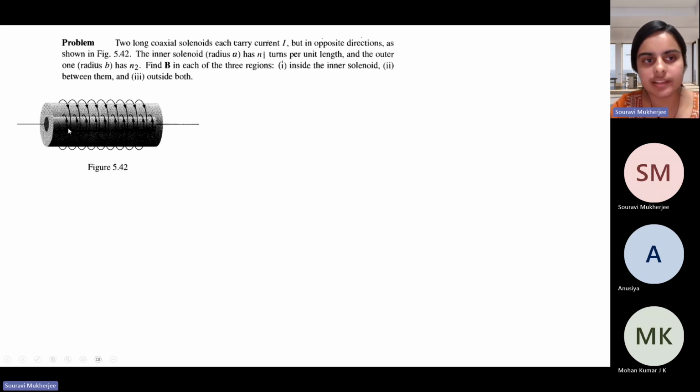So what should be the field inside both the solenoids, like inside the inner solenoid? Somewhere here.